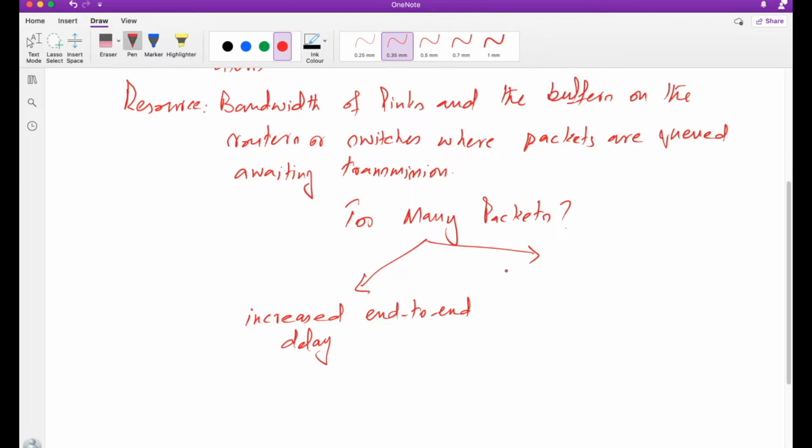Obviously, if you're sending too many packets, more than the queue of a router or switch can hold, the queue will overflow, and then we have to drop the packets.